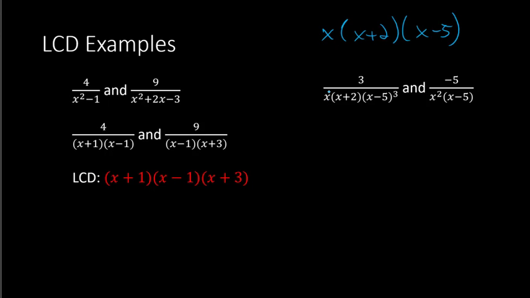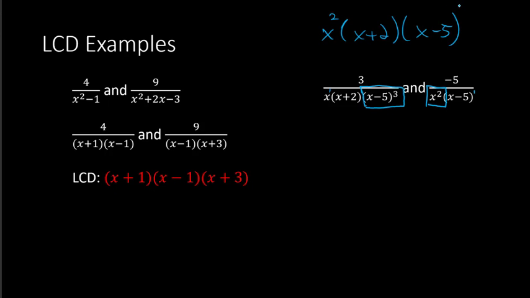Well, looking at the x's, this one has 1, this one has 2. We take the one that has the most, so here we take 2 x's. X plus 2's, we only have 1 represented, so we just have x plus 2 to the first power. And then x minus 5's, here is the one with the most. We have 3, whereas over here there's only 1.